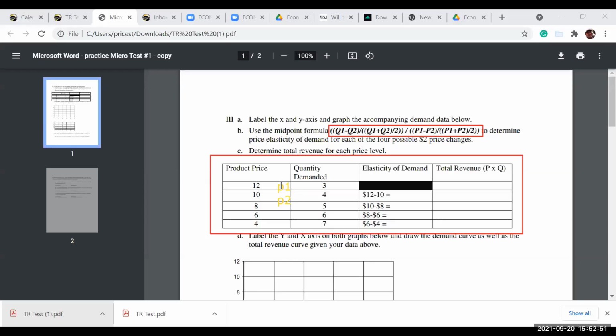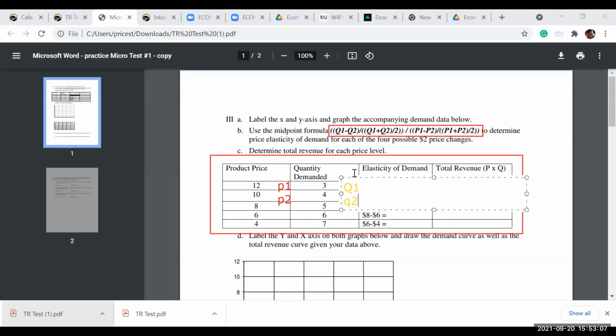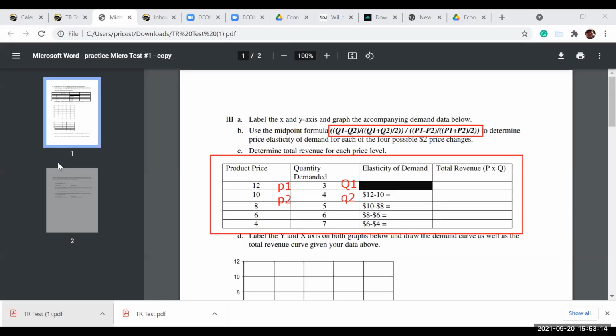I'm going to write some things in here, but you don't need to write them down. Now copy the way I'm going to write out this formula here.